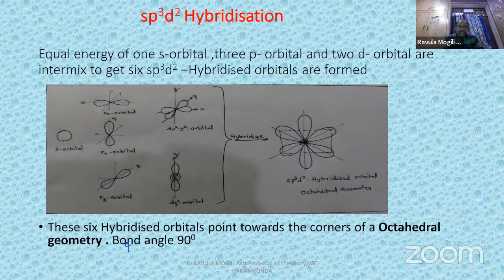So what are the d orbitals here? Different types: dxy, dyz, dxz, dx square minus y square, and dz square.